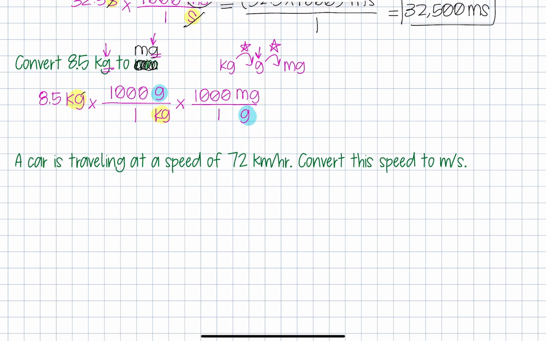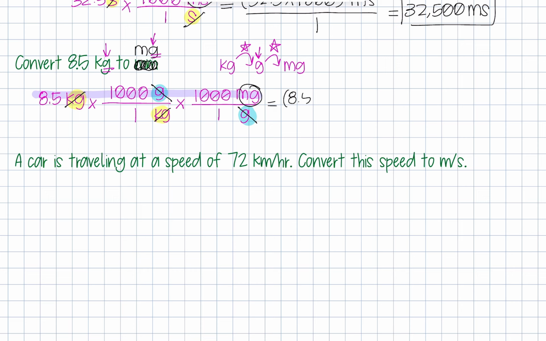So when I do my math, my kilograms will cancel and my grams will cancel, and I'll be left with milligrams. Whenever I am plugging something like this into a calculator, this one is really easy because I have the number 1 times the number 1 on the bottom. But to type this in the calculator, what you should do is put everything that's on that top row in one set of parentheses multiplied together.